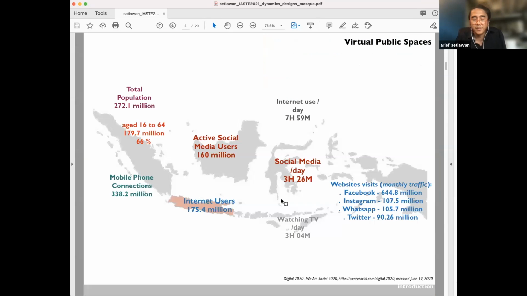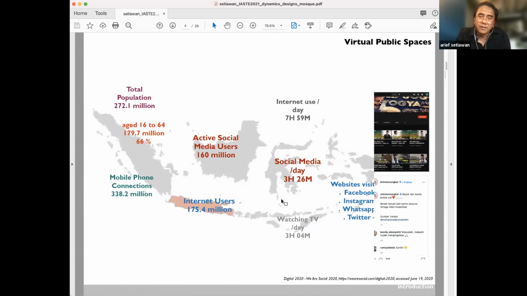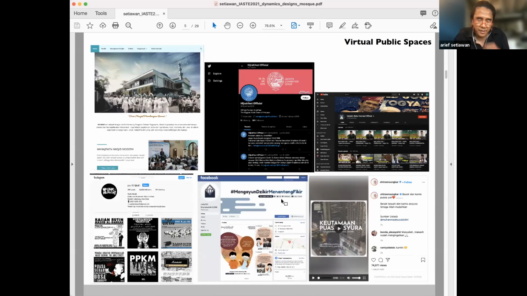Here is the latest, from when the paper was written last year: the statistics of internet and social media users in Indonesia, and the frequency of virtual activities in Indonesia. Here are some examples of what people offered through the internet, like WhatsApp or Instagram or Twitter, and so on and so forth.